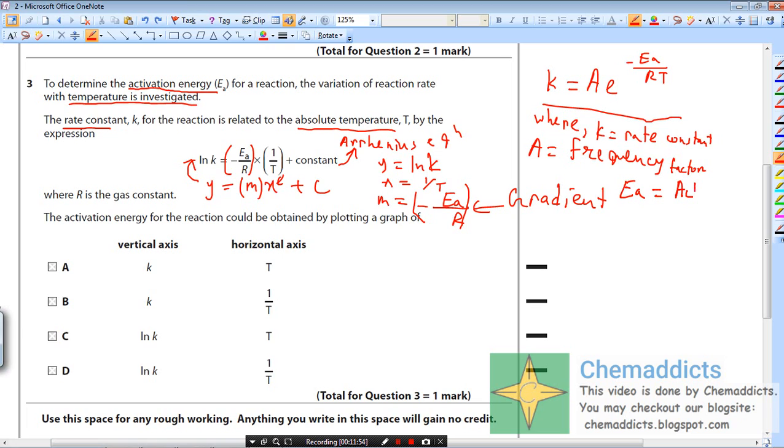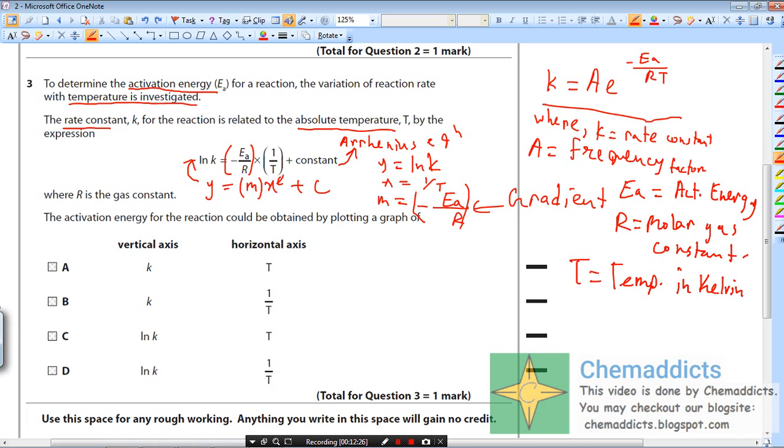We all know that this is activation energy, not allergy, sorry. Just kidding. Then R is the molar gas constant, and T is the temperature in Kelvin. So this is the demonstration of the Arrhenius equation.